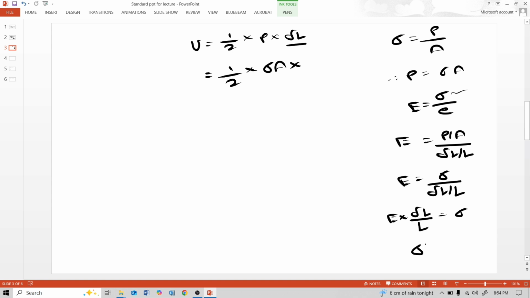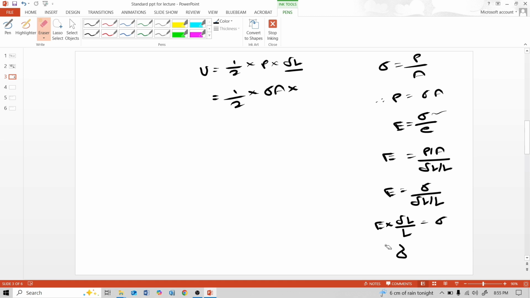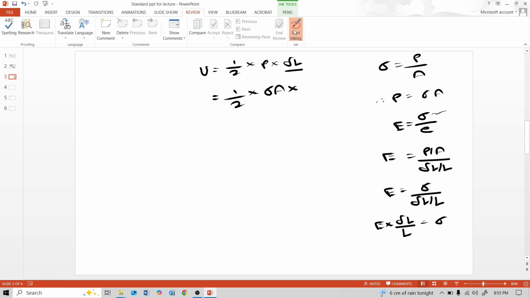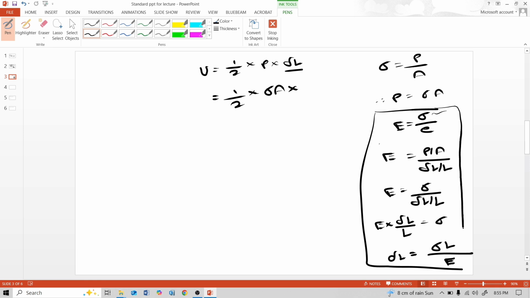That means this delta L is nothing but stress multiplied by length divided by E. Mathematically we solve it. This is delta L, and put this delta L in this strain energy equation.